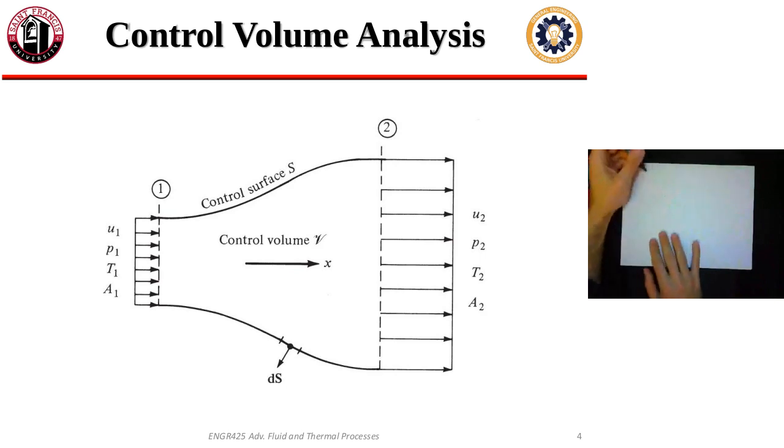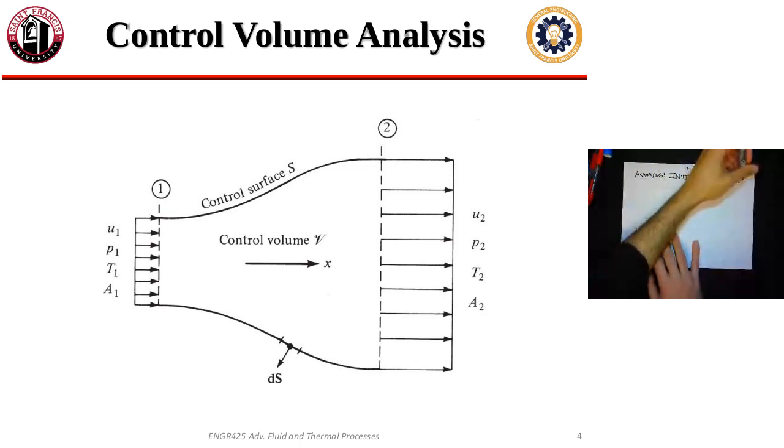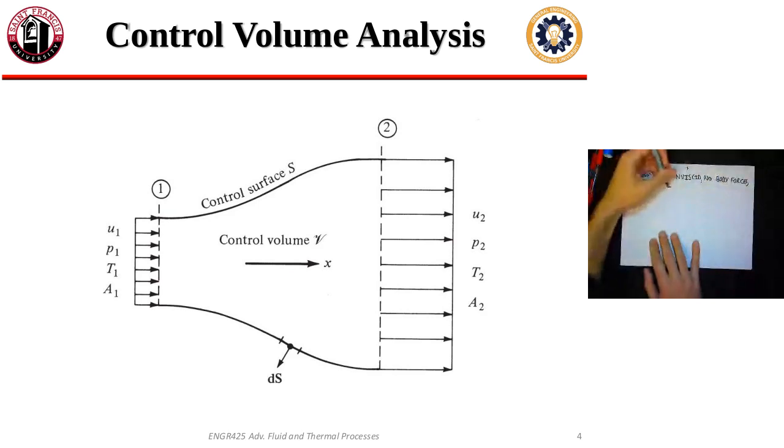Assuming inviscid flow with no body forces, gravitational, electromagnetic forces, etc. Irrotational flow and steady flow. A flow that is inviscid, irrotational, steady, and without body forces.